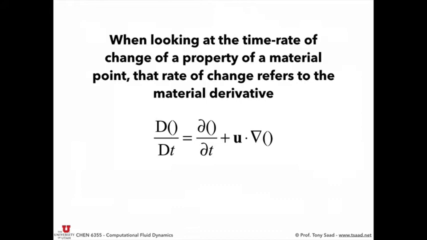Isn't this the same thing? But what's the difference? The other one was defined for a material system. This one is defined for a material point. In other words, the material derivative is really nothing more than the infinitesimal version of the Reynolds transport theorem. Okay? Clear so far?